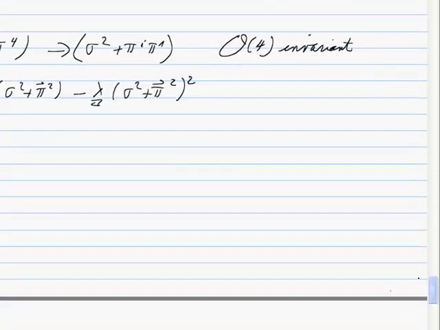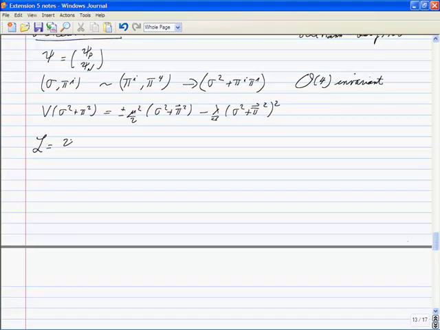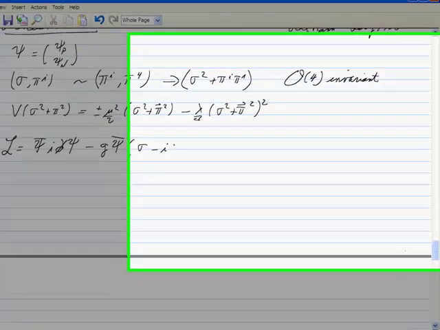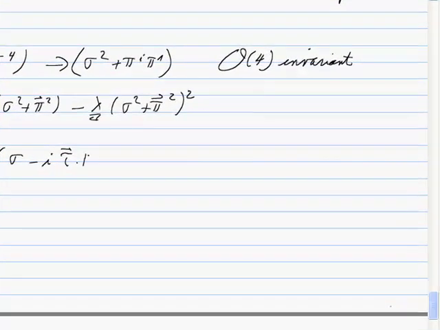However, the place where it changes is we couple the fermions and the scalars in the following way. The Lagrangian is psi bar i d-slash psi minus g psi bar (sigma minus i tau dot pi gamma 5) psi minus this V of sigma.